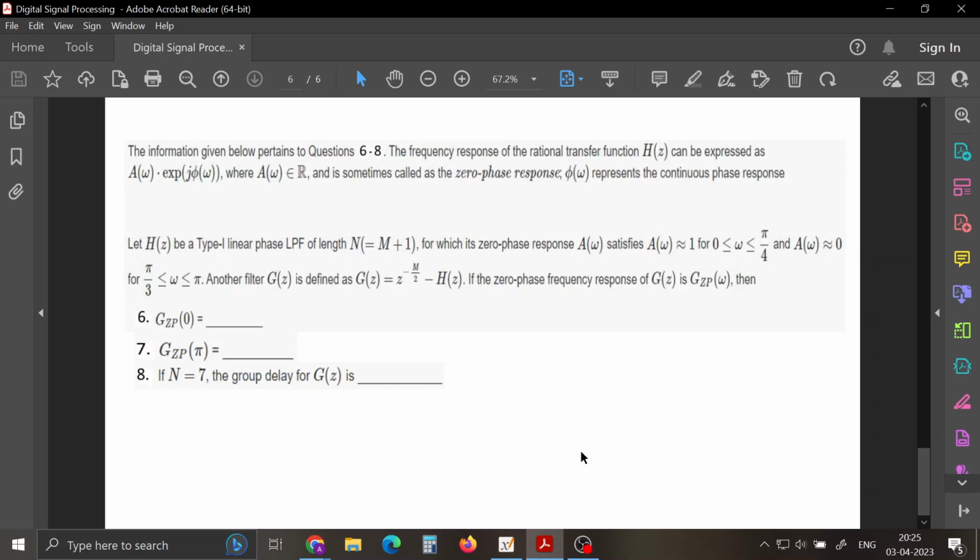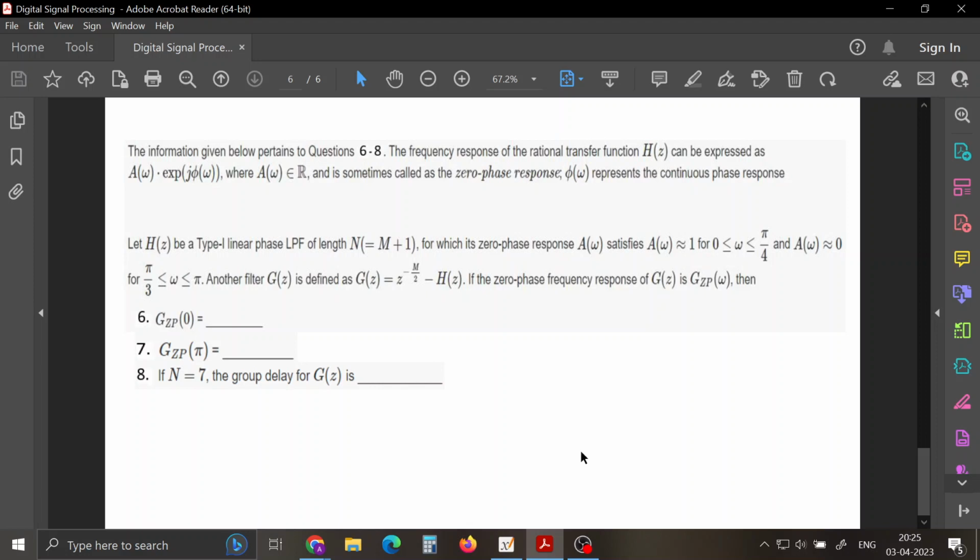Now we have another filter capital G of z, which is defined as G of z equals z to the power minus m by 2 minus capital H of z. This is how it is related to capital H of z.